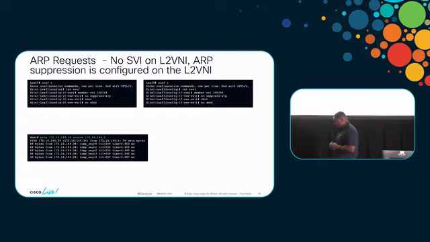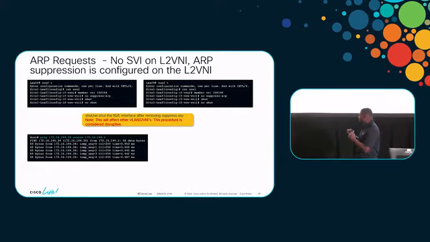And so now we're going to go ahead and observe what we need to do to basically fix this particular scenario. Instead of deploying Anycast gateway in this scenario, we're going to go ahead and just remove the suppress ARP feature. Now, doing so is going to require bouncing the NVE interface, which is a disruptive action.